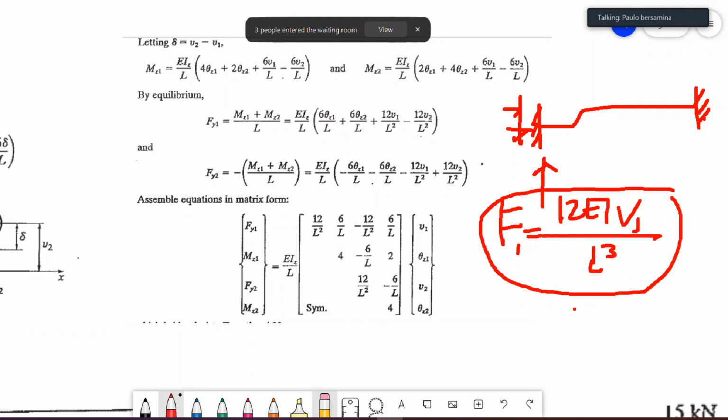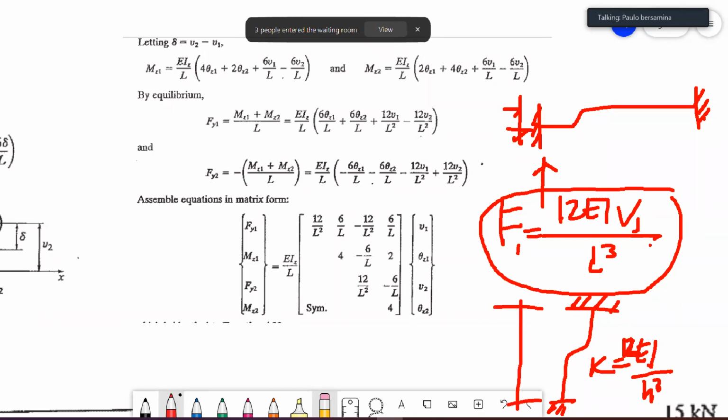Remember, the stiffness of a column is K equals 12 EI over H cubed. H because it is standing, which is the same as our beam. We just stood it up, so instead of L, we use H. So in earthquake engineering, this is basically the stiffness of a column.